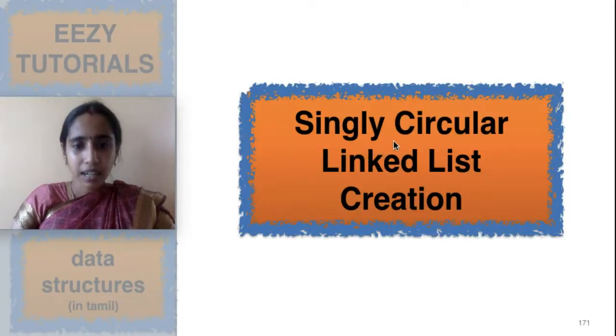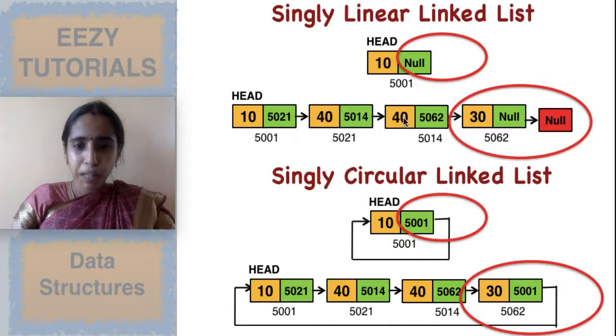The first ADT is creation of singly circular linked list. Let us start. Pictorially we can compare singly linear linked list and circular linked list. Suppose in the first case, you are having only one node, that is head node. In the singly linear linked list, you will be having head, and the next part will be null.